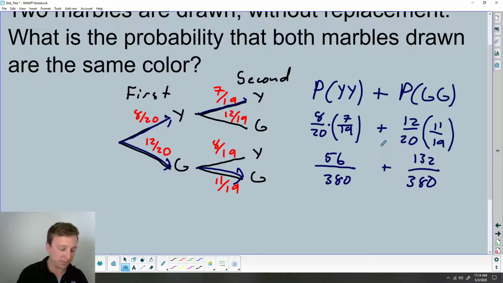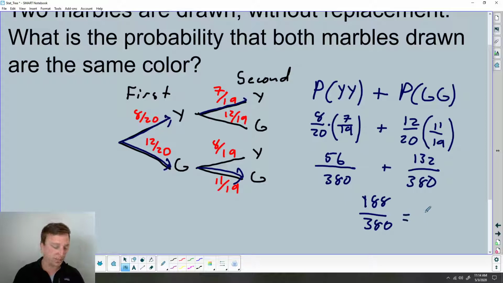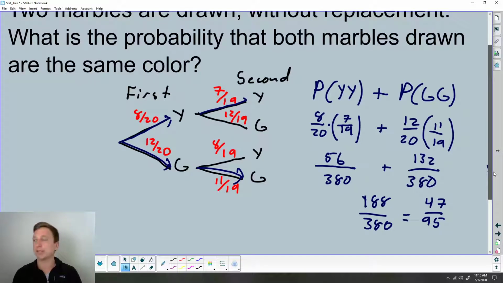So 56 plus 132 is 188 over 380. We already have the common denominators. And real quick, let's see if that reduces. It reduces to 47/95.